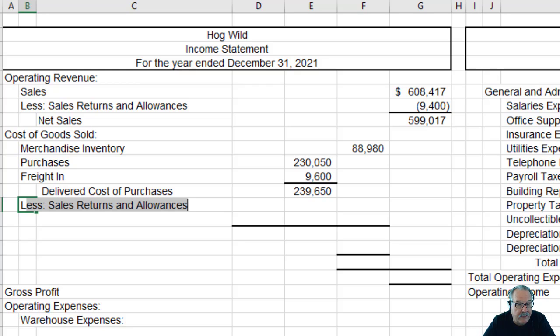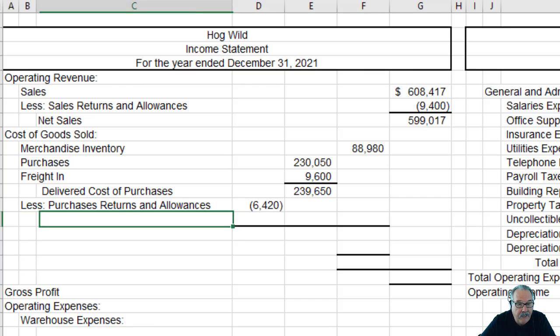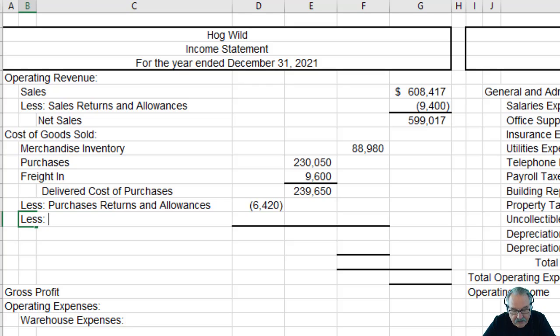So I'm going to say less purchases returns and allowances. This is what we returned to our vendors and or took an allowance on. If they sent us something that we didn't like, they may have said, okay, go ahead and take a discount, whatever it is.